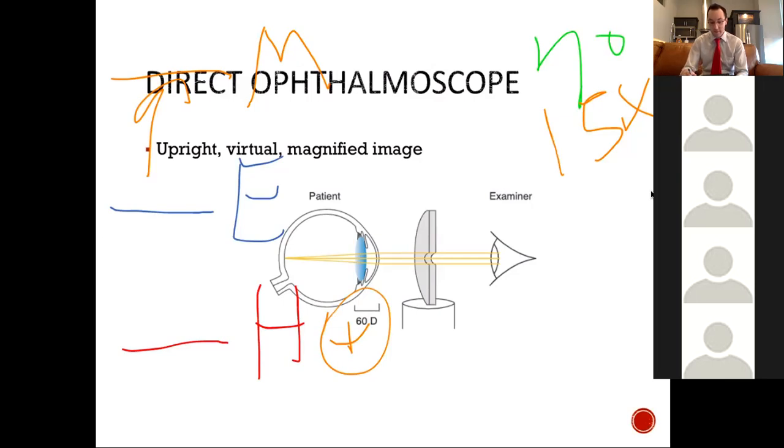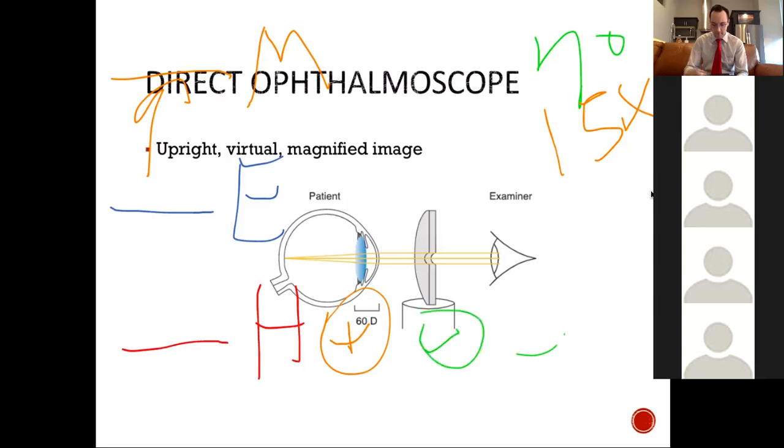Now with the direct ophthalmoscope, as we know, we have this dial, this wheel within the device, and in order to correct for our uncorrected myope, we need to put in minus prescription into the direct ophthalmoscope, okay? And we will treat, actually, let me redraw this here, that way it's closer to the direct ophthalmoscope.